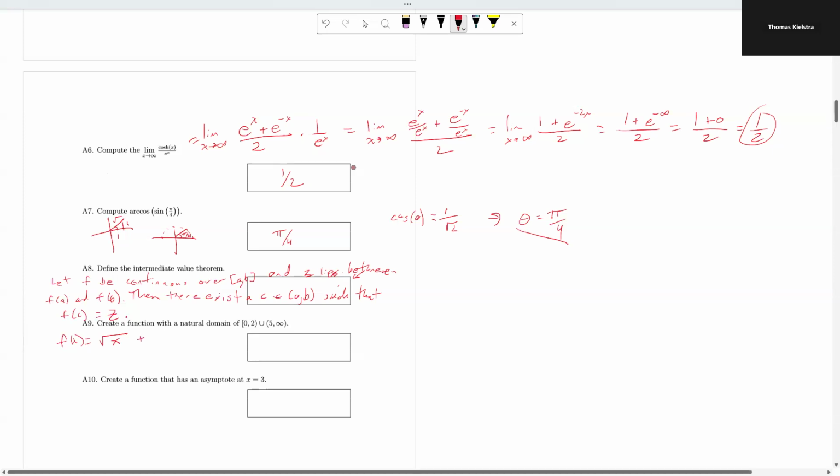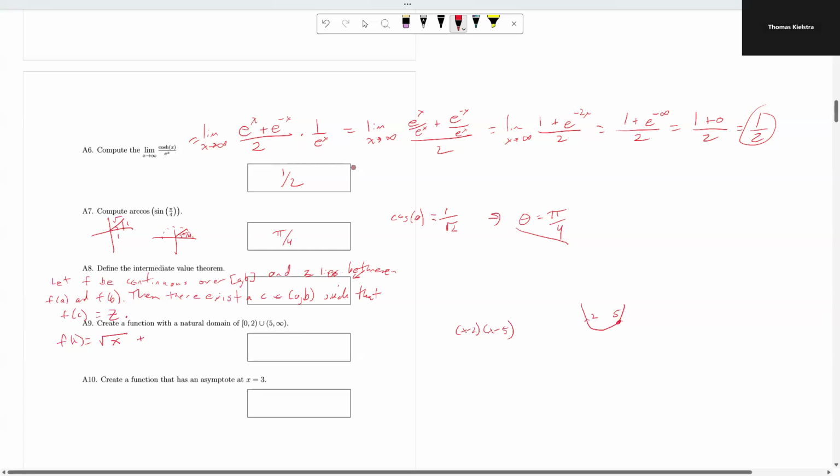And this function is going to be defined everywhere except for where I remove another piece. So I don't want to be defined between 2 and 5. So if I do x minus 2, x minus 5, this is going to be a parabola that has roots at 2 and 5.